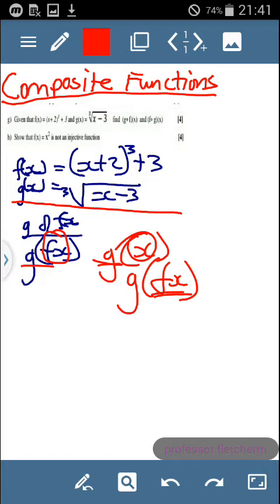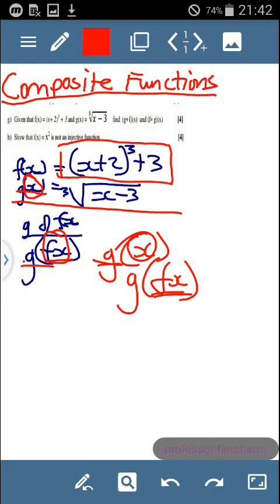Let me explain it again. We have g of x here, but now when we talk of g of f of x, it means wherever there is an x, we are going to substitute this whole block, as big as it is.